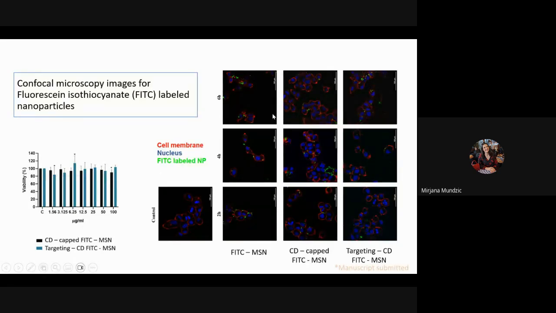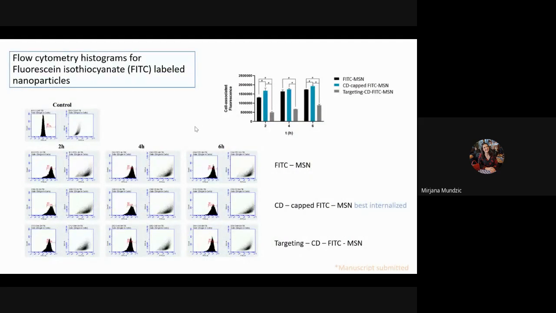Anyway, this confocal microscopy only proves to us that the nanoparticles do enter, but we don't know anything about the amounts. This wasn't that much expected, but it is as it is.